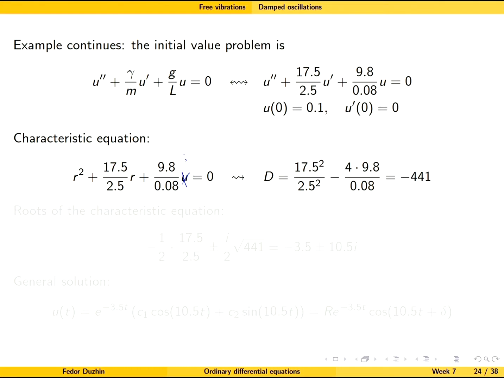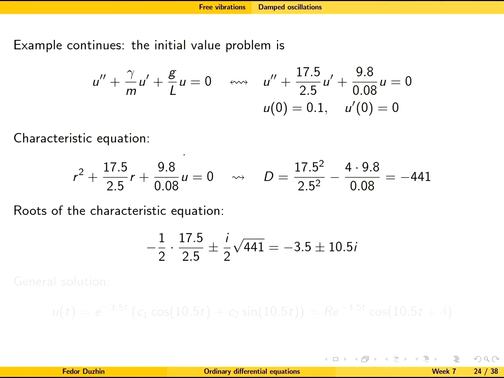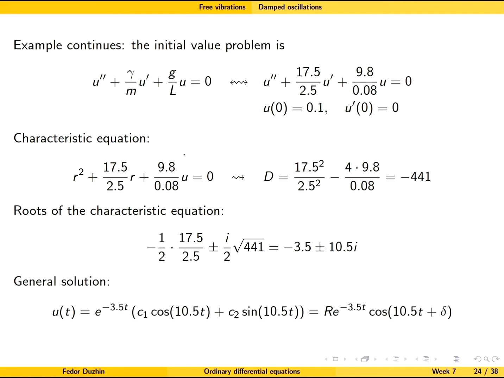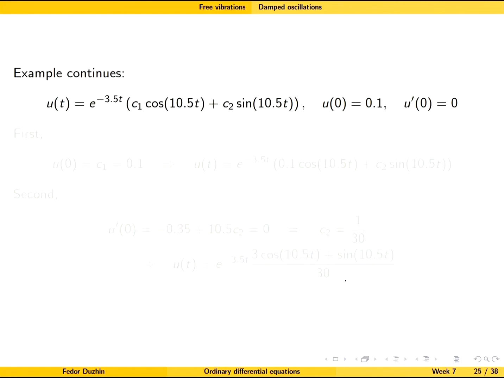We find the discriminant. Then we can find the roots of the characteristic equation, and then we can find the general solution. So this is the general solution. Or we can alternatively write it like this, using the R formula.